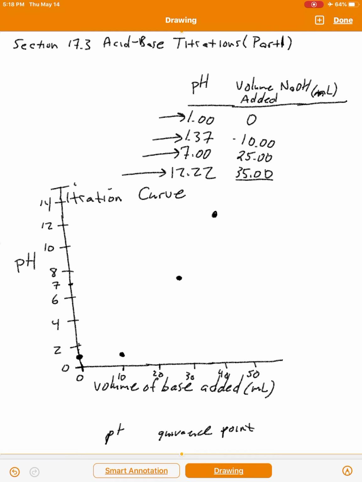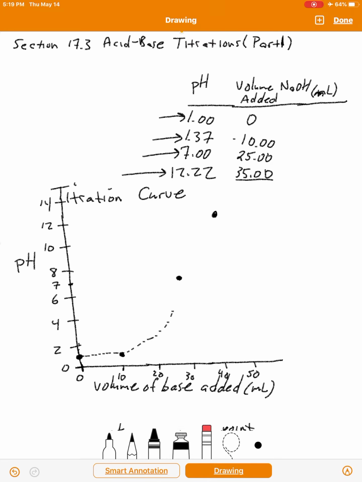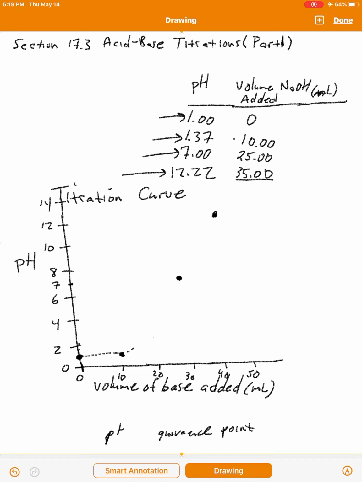Okay. So those are just 4 points, but I want to show you what the general curve looks like, approximately. It rises very slowly, and then jumps, it leaps up, almost vertical, and then it comes out like that.